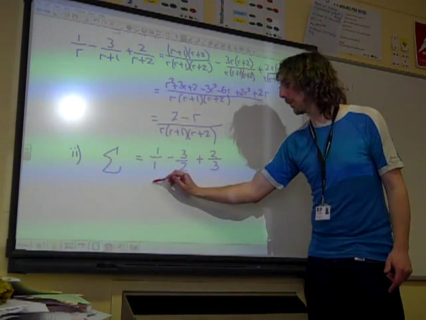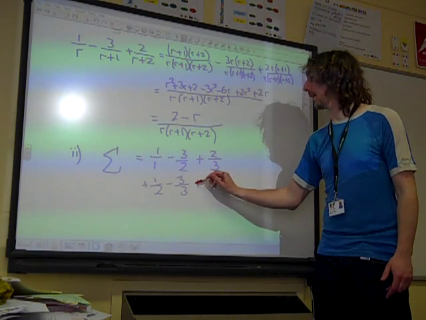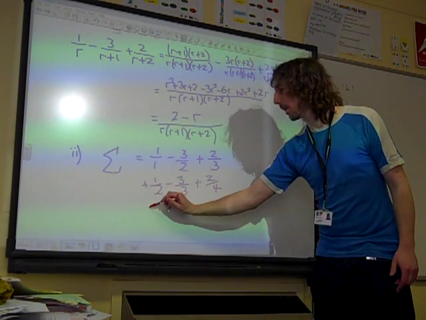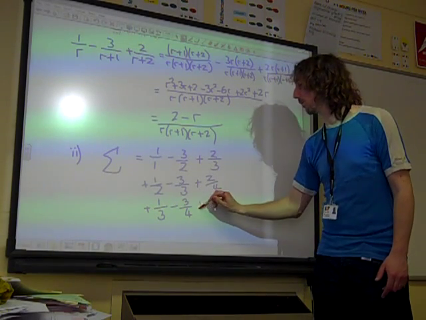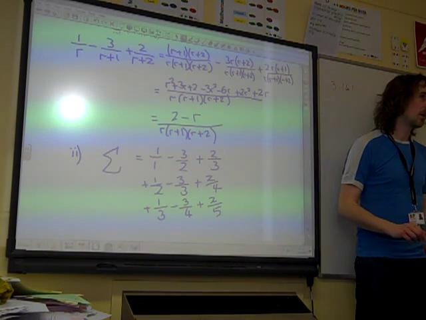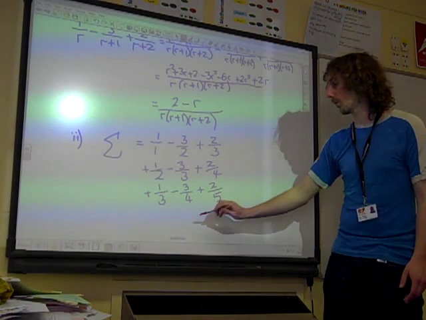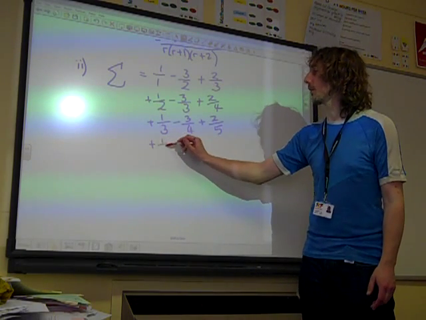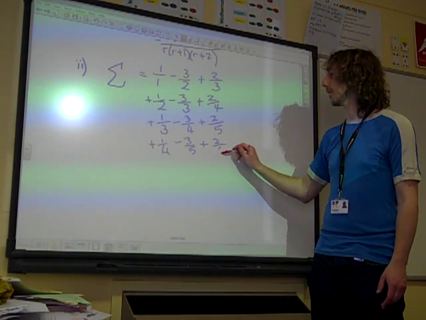The next term, if you put 2 in there, will be 1 over 2 minus 3 over 3 plus 2 over 4. We then have 1 over 3 minus 3 over 4 plus 2 over 5. That's enough. I felt I wanted to be extra certain what was going on here, so I put another one in. And there's no harm in doing that.